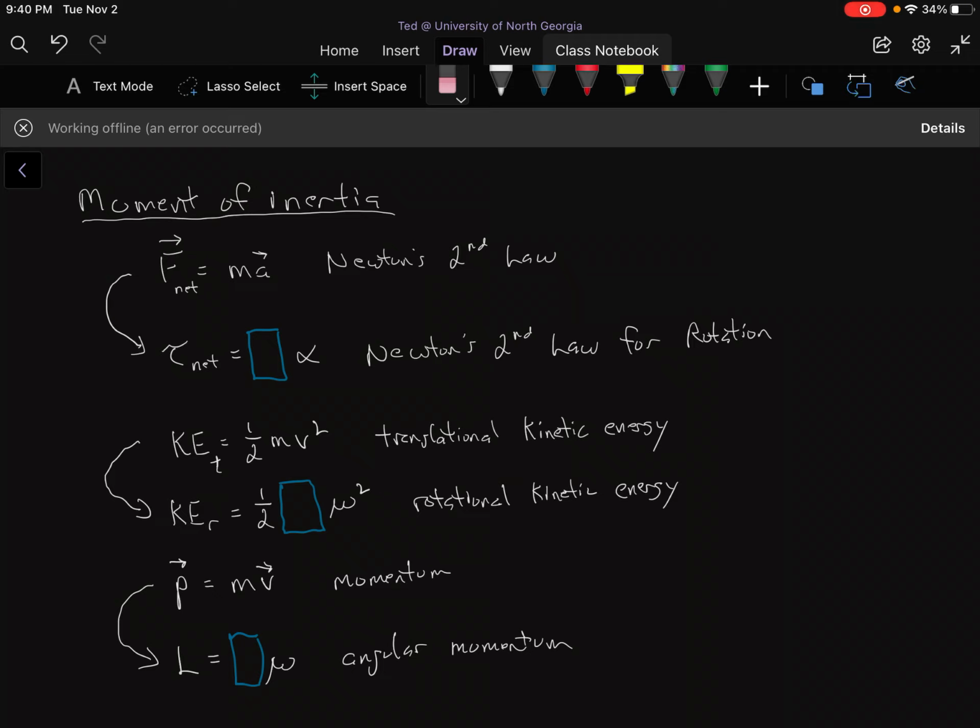So an object with twice as much mass needs twice as much force to experience the same acceleration. So the property we're talking about here for mass is this property of resistance to acceleration, or basically inertia. How much inertia does the object have? So what we need is a rotational equivalent of inertia.